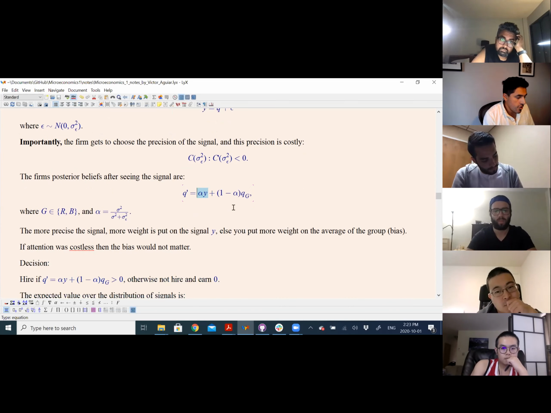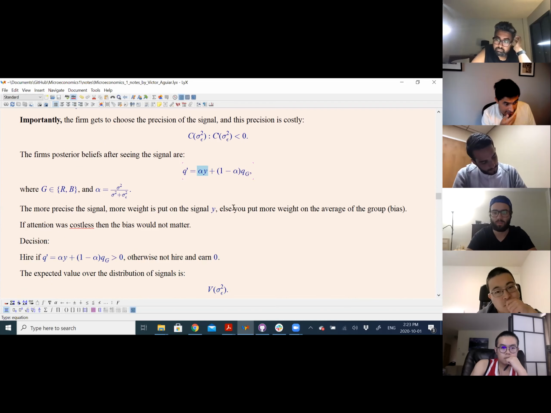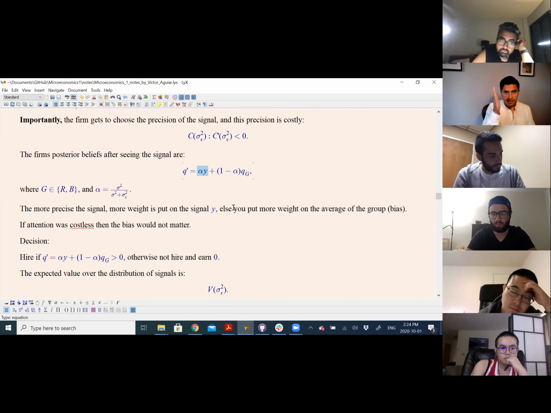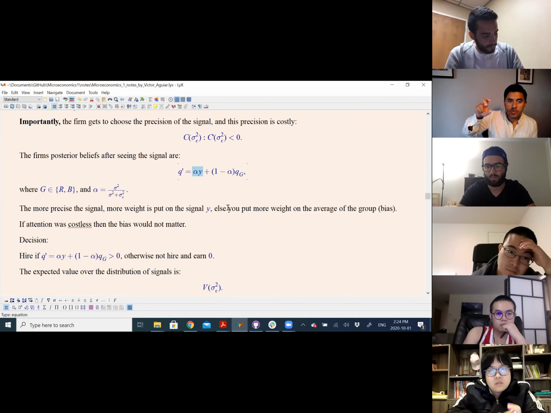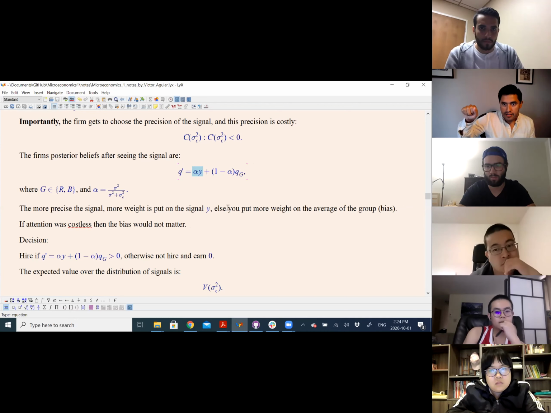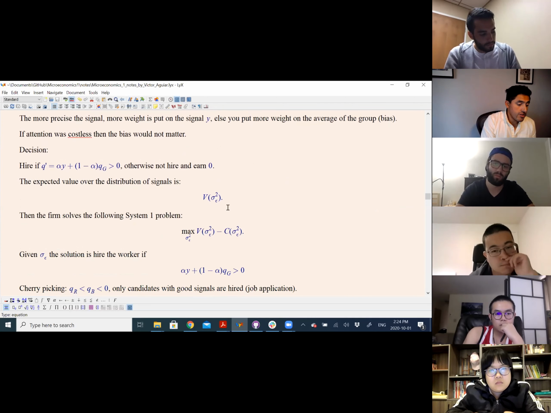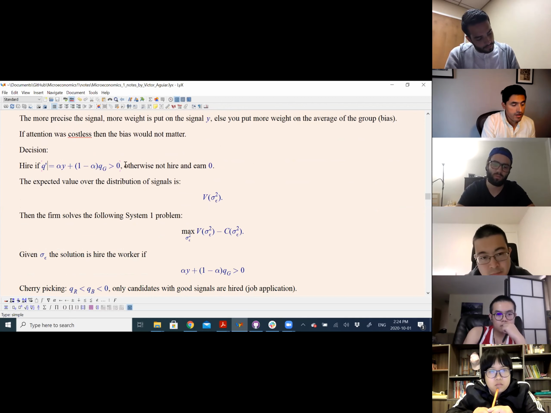Okay. So what is interesting is that because the firm can actually see the group, they are going to choose sigma epsilon differently according to the group. Okay, got it? So once the group is revealed, they are going to choose sigma epsilon differently. So what is going to be the value? Well, you're going to hire if this value Q prime is greater than 0, right?